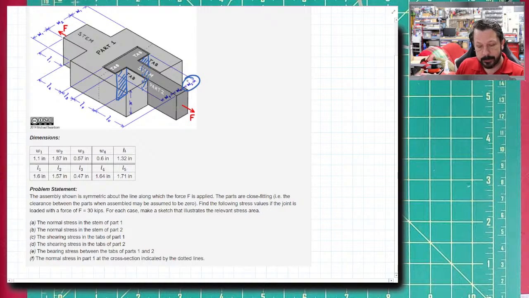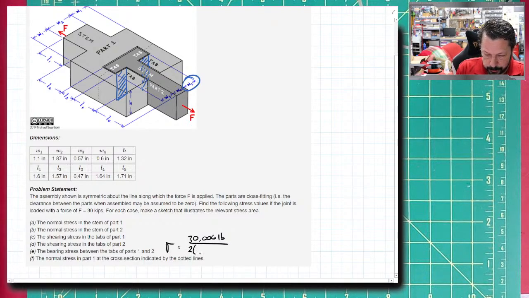So it's where the 2 tab areas are pushing against each other. That's the area. It's a bearing stress, so it's actually a sigma compression. It's a compressive stress bearing against each other. And the force would be 30,000 pounds total. Then there are 2 areas, each of which are the H variable times the W3 variable. And that would give you pounds per square inch of bearing stress.